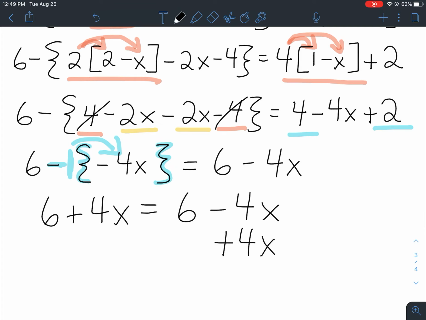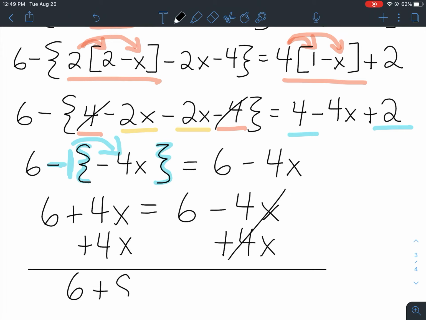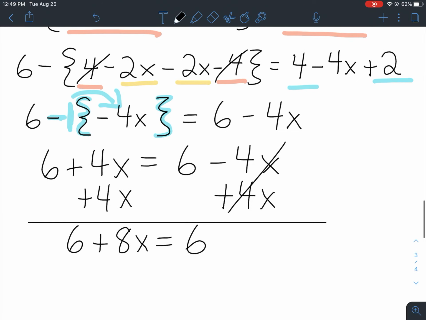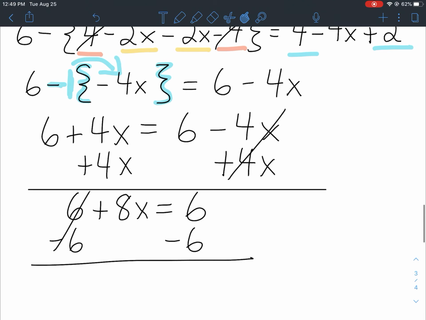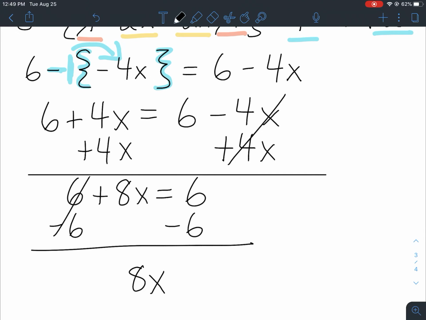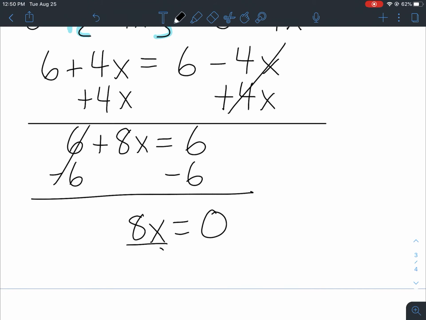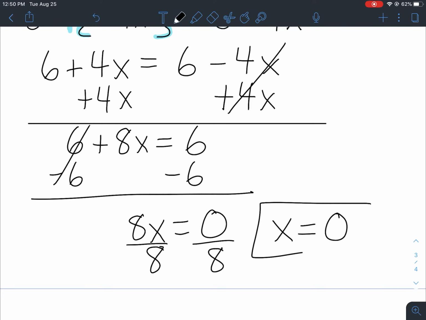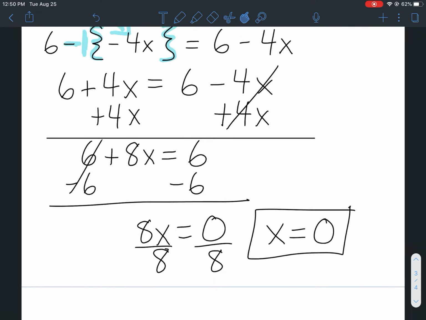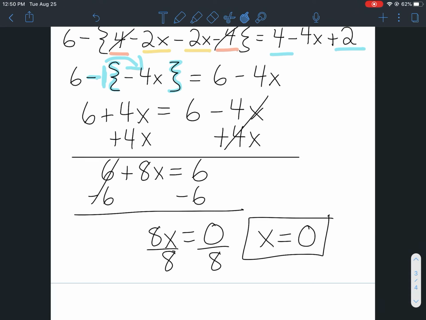I'm going to move my 4x to the other side by adding it. And now I'm going to subtract my 6 from both sides. So I have 8x equals 6 minus 6, which is 0. If I divide both sides by 8, 0 divided by 8 is 0. So therefore, my answer for this long problem was 0.